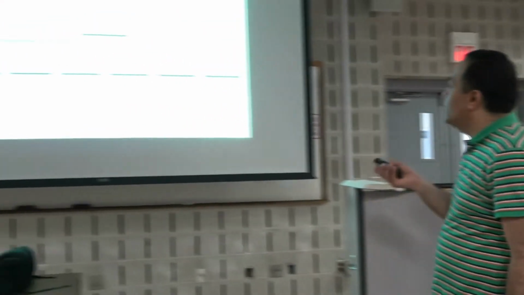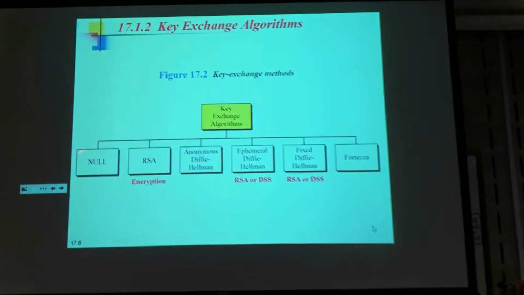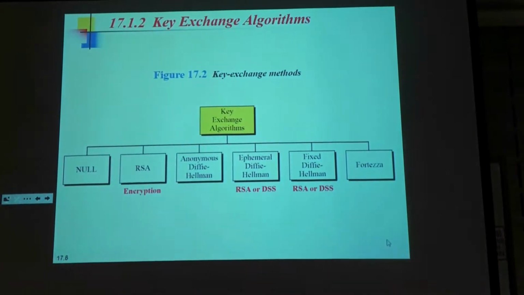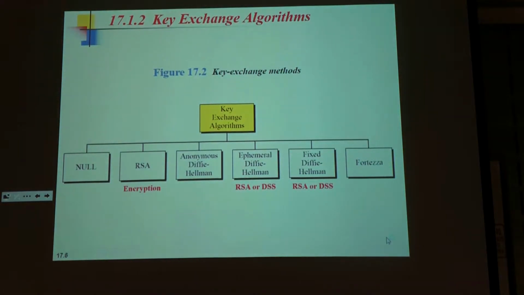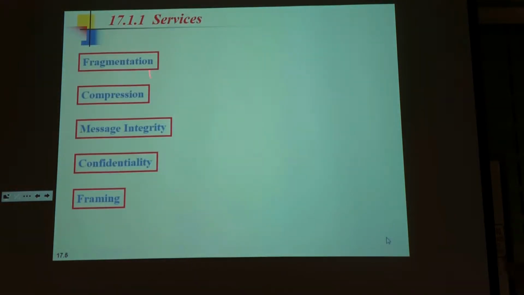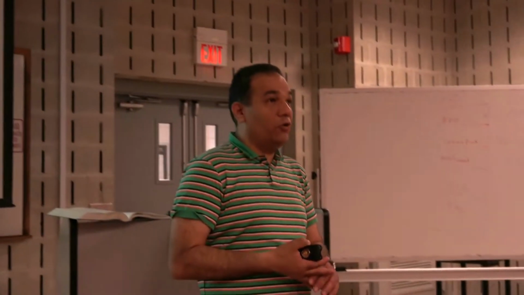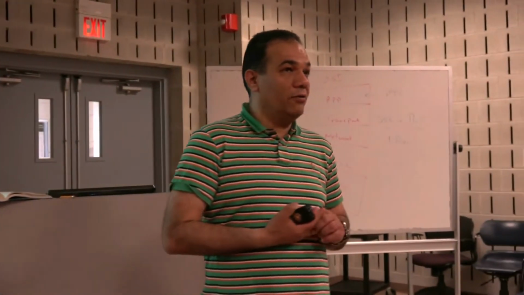So we have to have a mechanism for key exchange algorithms. It could be null, which means you're not using confidentiality, for example, because not all of these services are needed. It depends on the depth of security that you need. You could pick and choose.